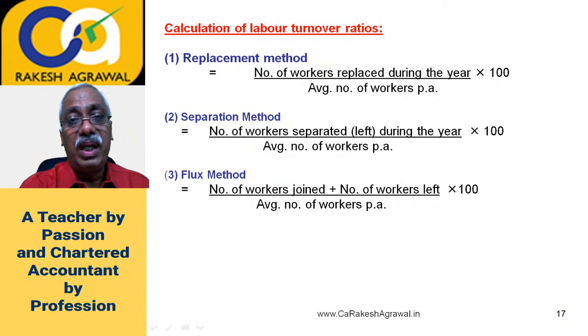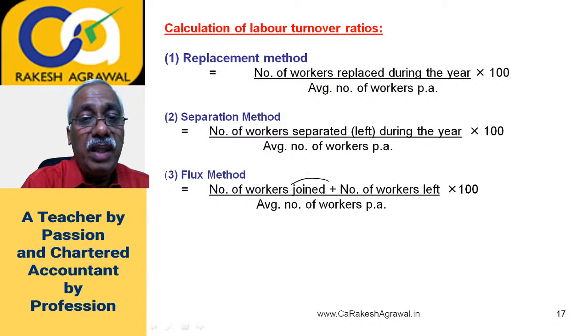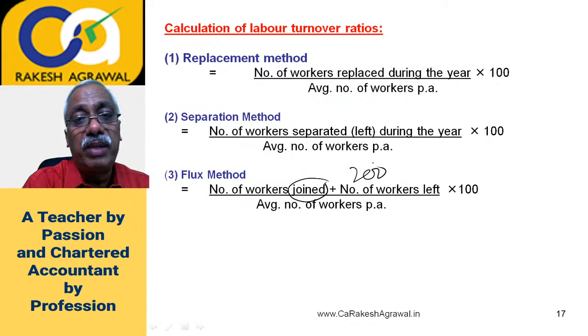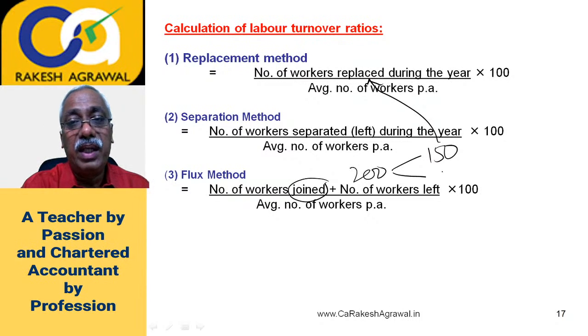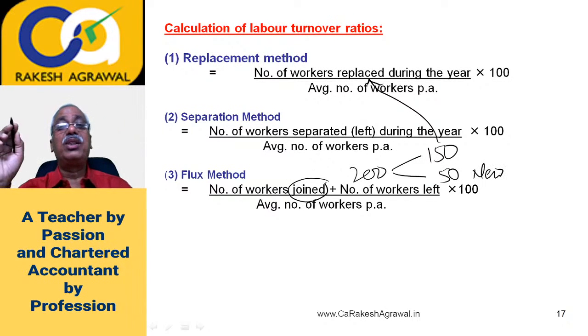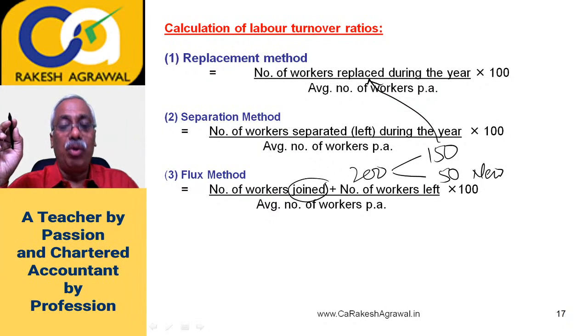It may happen in the organization that 200 workers have joined, but out of 200 workers, 150 workers have come as a replacement of old workers, and 50 workers have joined for the first time, which is known as new accession or new recruitment.